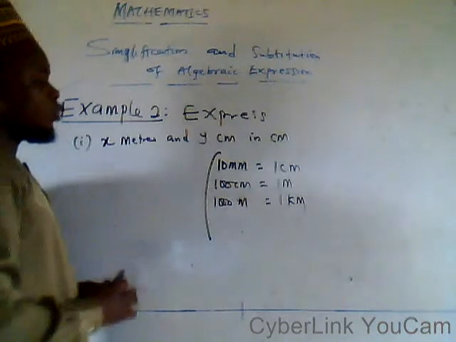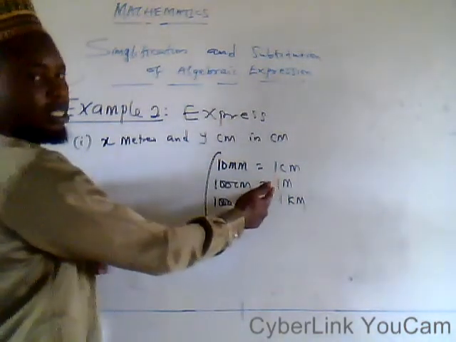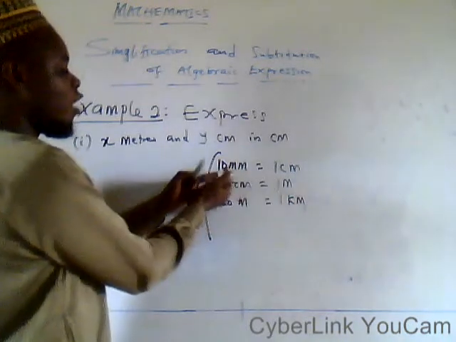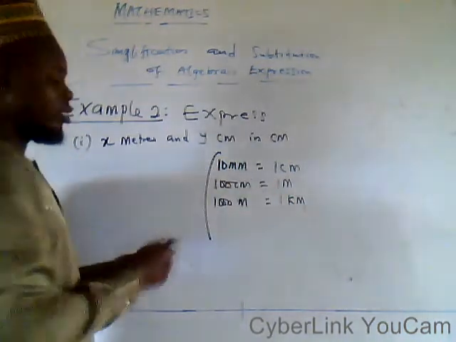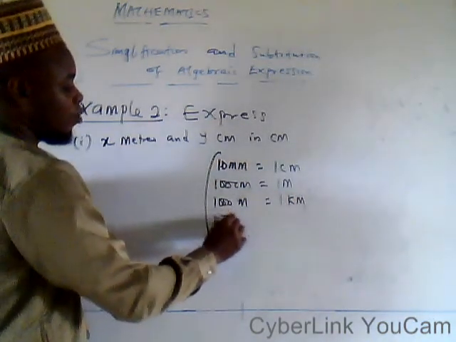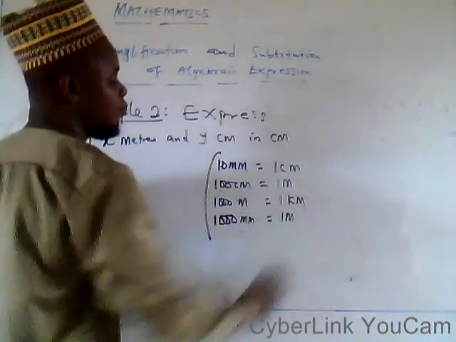If you are now to convert your millimeter to meter, how many millimeter make 1 meter? 10 times 100, that is 1000 millimeter equals 1 meter.